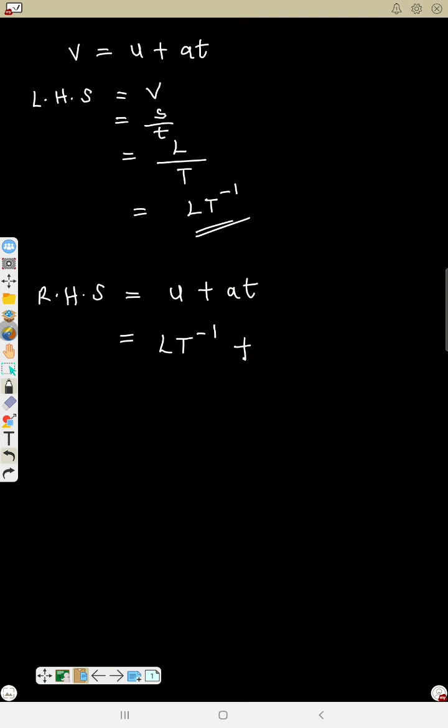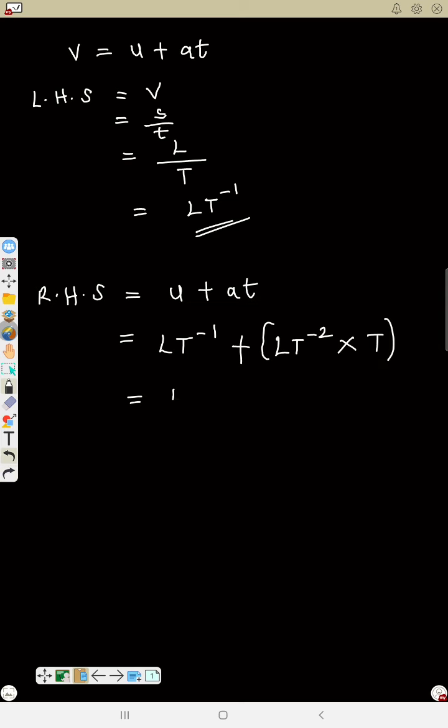Now I can conclude on this that before these two can be added together, they must have the same dimension. But let's do it to the end. So the dimension of acceleration is LT raised to power minus 2 times time. Again, dimension of time is T.